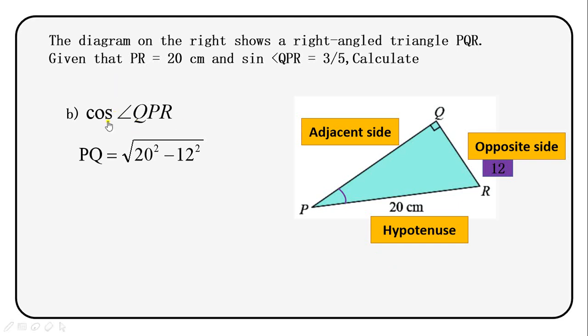Cos is adjacent over hypotenuse. We don't know the adjacent, so we have to find out PQ first. So use Pythagoras theorem. 20 squared minus 12 squared. So PQ equals 16 cm.